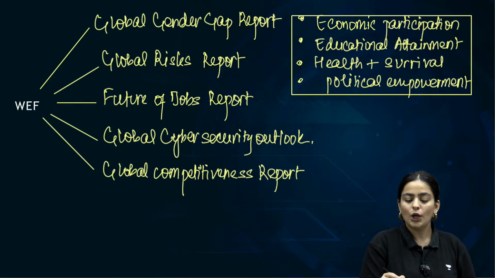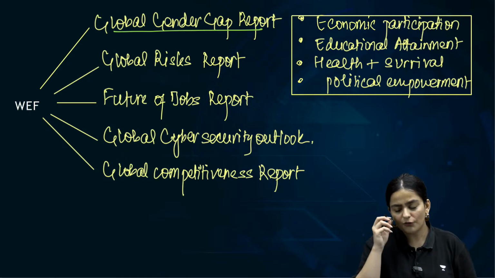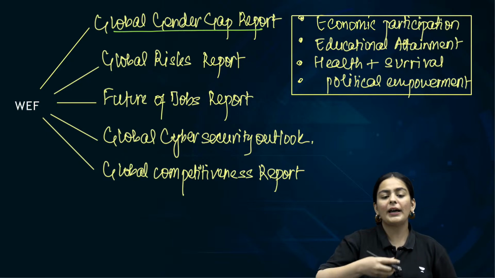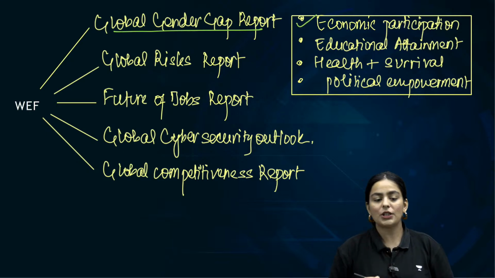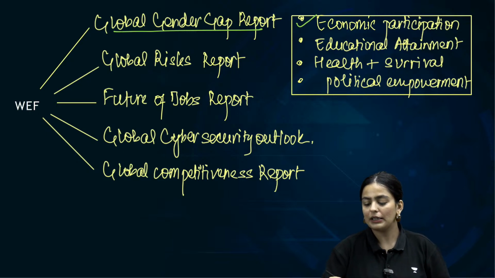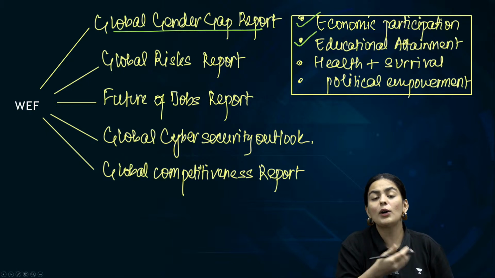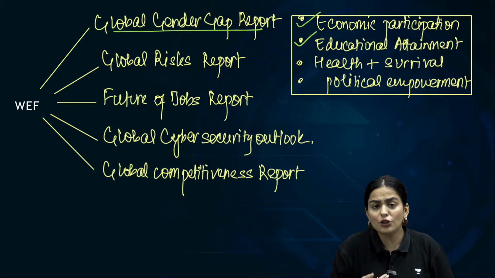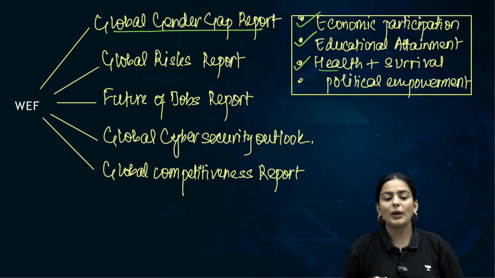World Economic Forum, Global Gender Gap Report, very important. Which all parameters or dimensions does it check? Economic participation. What is the economic participation when it comes to women? What are the labor force participation rates? How are they particularly participating? Second, educational attainment. As compared to men, how are women faring in terms of literacy figures? Third, health and survival. What are the survival rates?